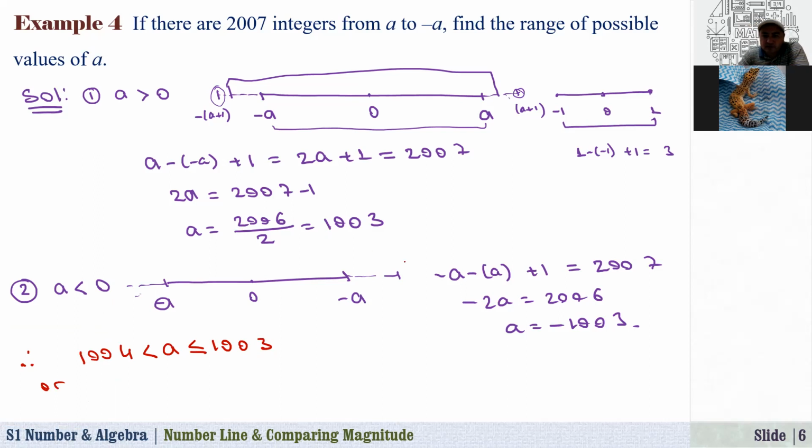Or the second one, minus 1004 less than a less than or equal to minus 1003. So these are the possible values of a. Because if I just add a little bit, but not crossing minus 2, the number of integer points does not change. So you can just take any point over here, of course not crossing this minus 2.